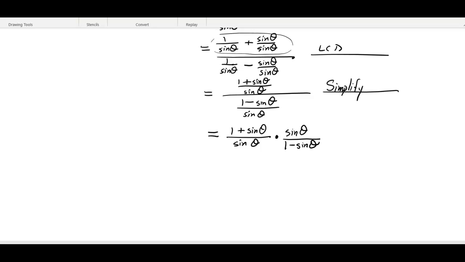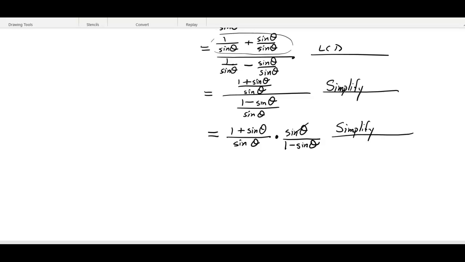Now, if you need to pause it and go, what just happened? You really need to make sense of that. Hopefully you can see what just happened, but if not, I understand. So what did I do? I simplified. Fraction divided by a fraction is a fraction times its reciprocal, the number we're dividing by.